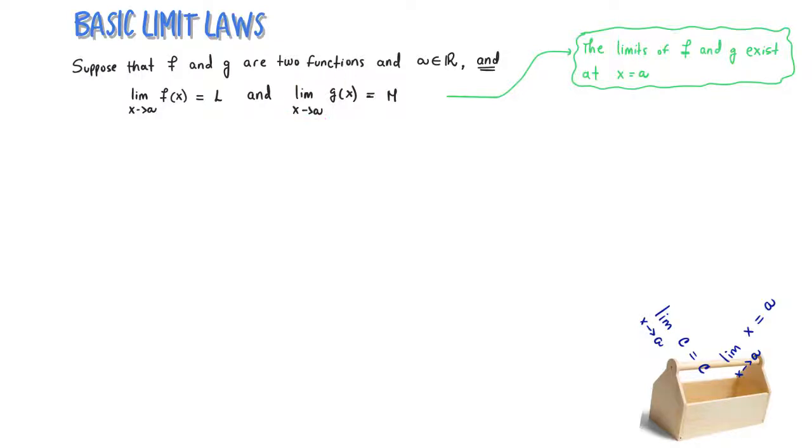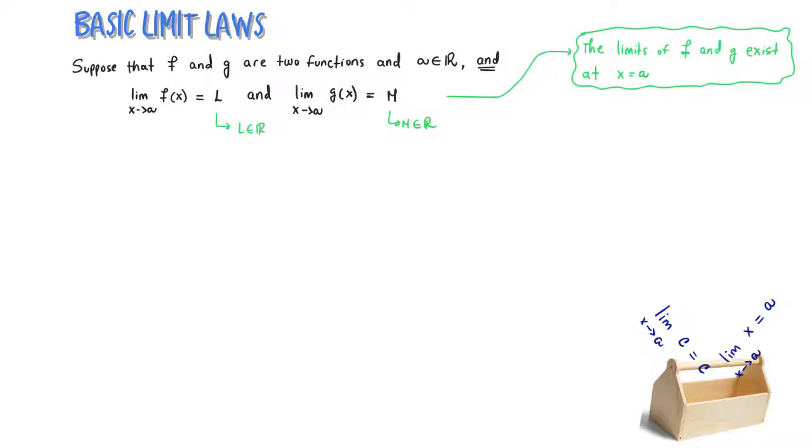Similarly here, the limit as x approaches a of g of x exists and is equal to M. And again, I am emphasizing that L is a real number, and M is also a real number. Here in this little green part, I am emphasizing that the limits of f and g must exist at a. This is the main condition for us to be able to develop the following properties.